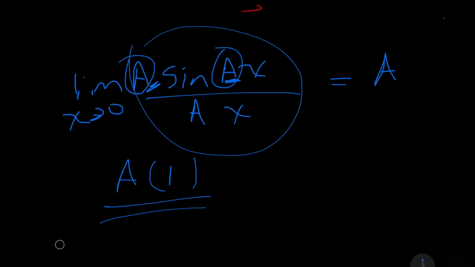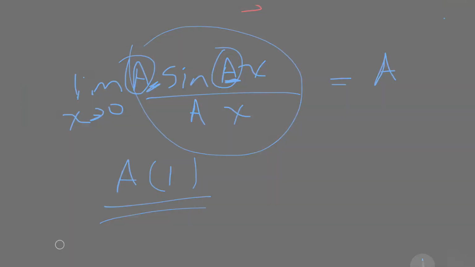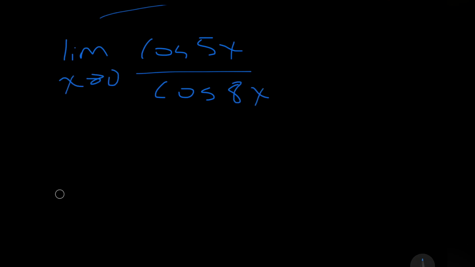Let me show you one more example which you already know of. Limit of cos 5x over cos 8x, and this is as x approaches 0.